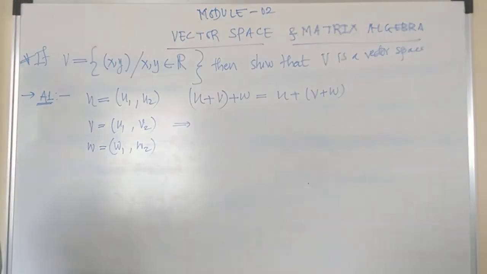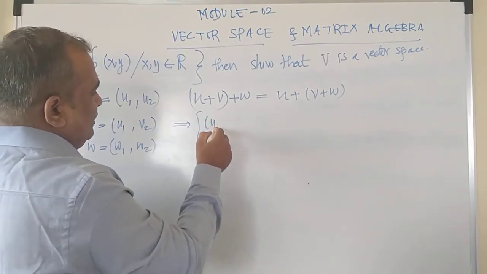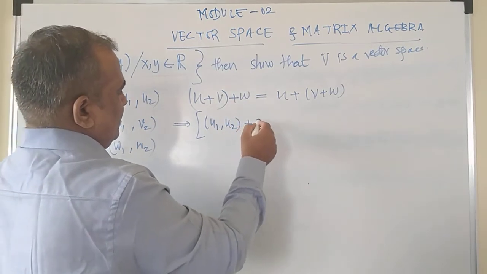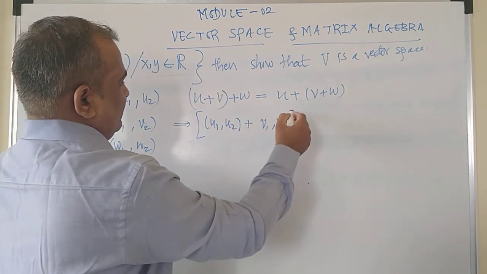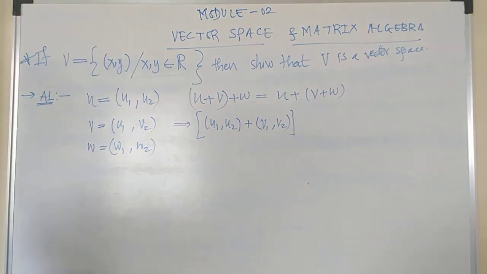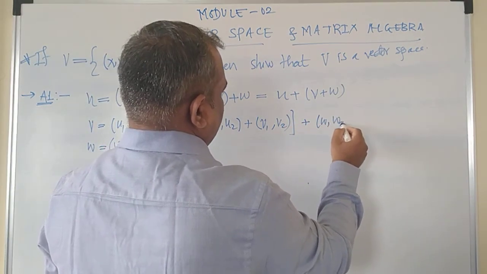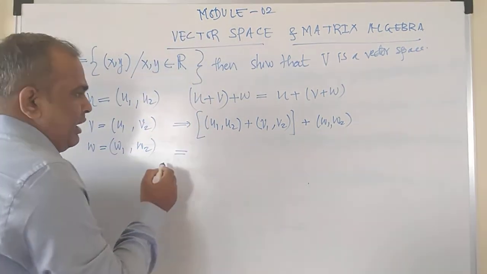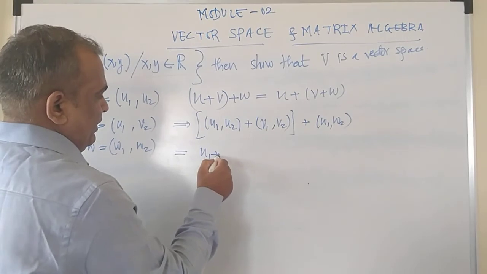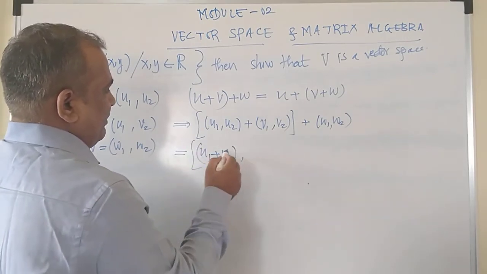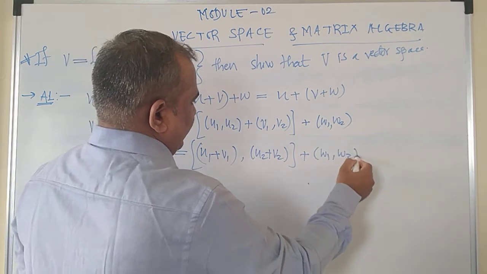So u plus v plus w will give us u1 u2 plus v1 v2, these are in one bracket, plus w, which is a set of 2 vectors, that is w1 and w2, and if you add these, then you will get u1 plus v1 in one bracket, u2 plus v2, plus w1 and w2, right?